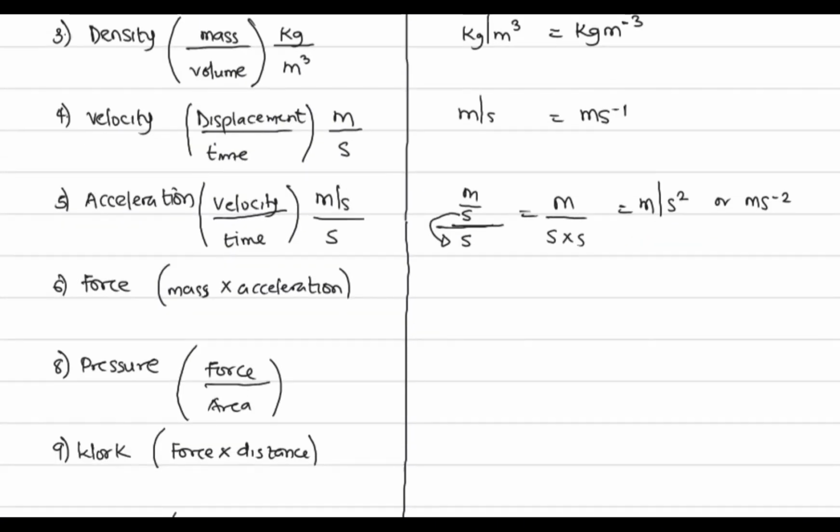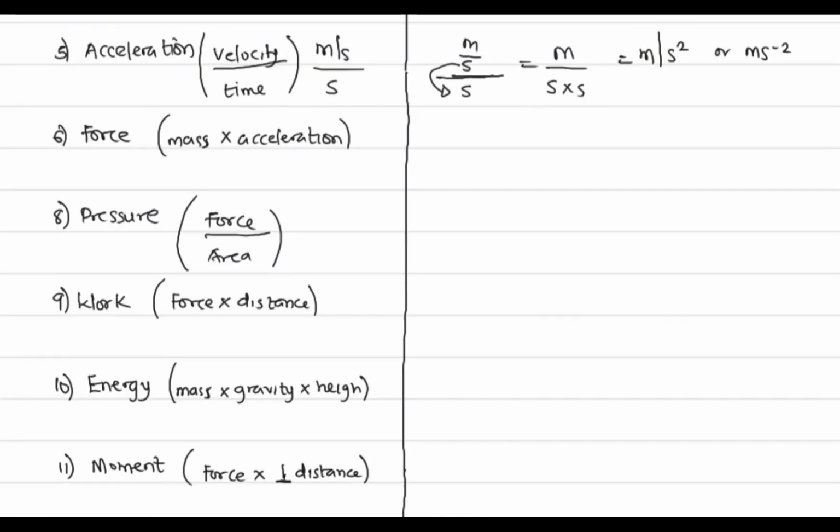So the next one we have is force. Obviously, force is mass times acceleration, and mass is kg, and acceleration is meter per second square, just the one we finished doing now. So this will be kilogram meter per second square.